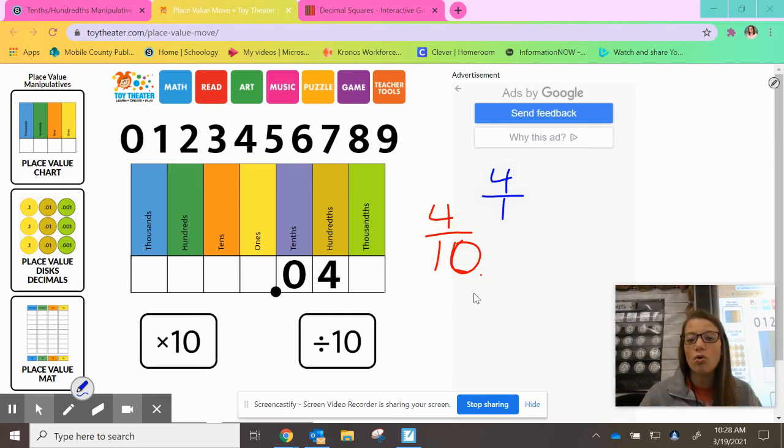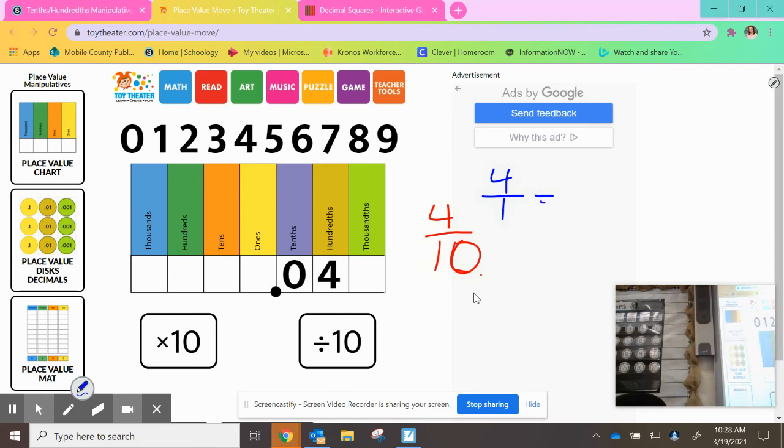So if your whole is divided into 1 piece, well, that would be 4 wholes. That equals 4. So the 4 would be in the ones place. So that's why there's no such thing as the oneths place.